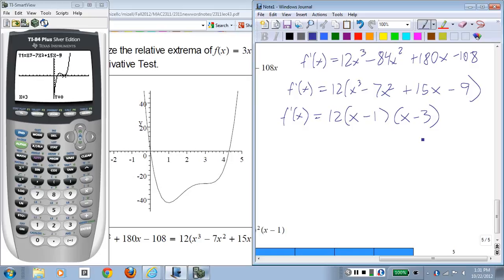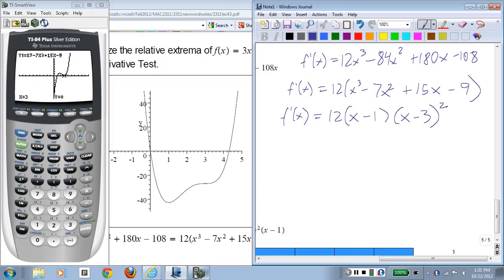But what can we say about the multiplicity of each of these zeros based on the graph of the polynomial? What do you think? X minus 1 only has 1 because it crosses, so multiplicity 1. X minus 3 has 2 because it touches. So that has even multiplicity, and the degree is only 3, so that one would have multiplicity 2.